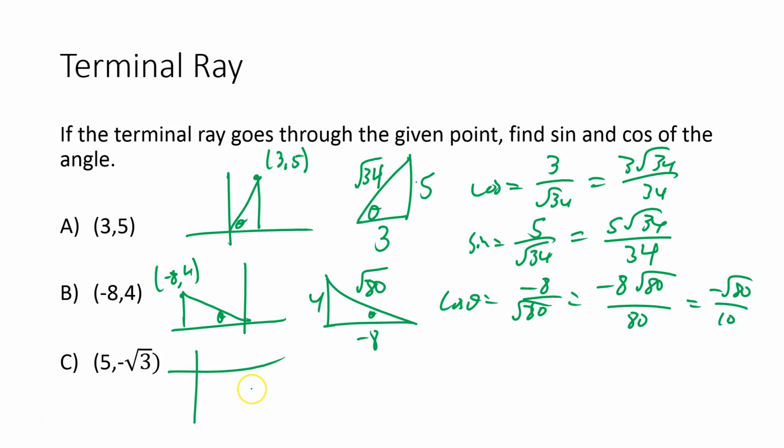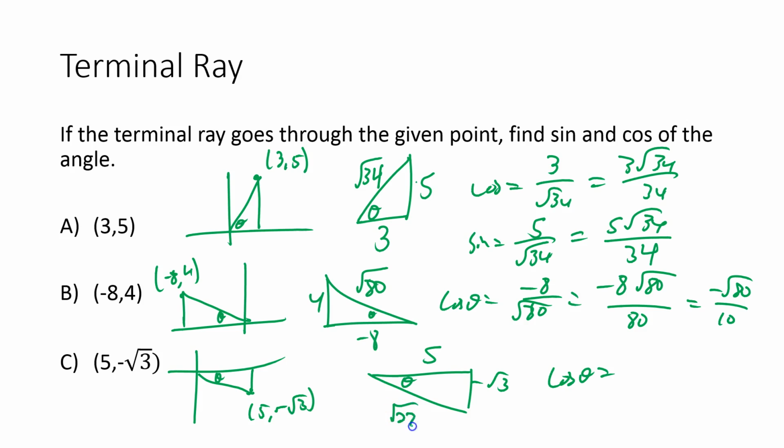5, negative root 3, somewhere over here. Get our theta adjacent to the x-axis. So we have a triangle that looks like this. This is 5, this is negative root 3, this is theta. So cosine theta will be 5, let's see, so 25 and 9 are, no, sorry, 25 and 3, 28. So this would be root 28.